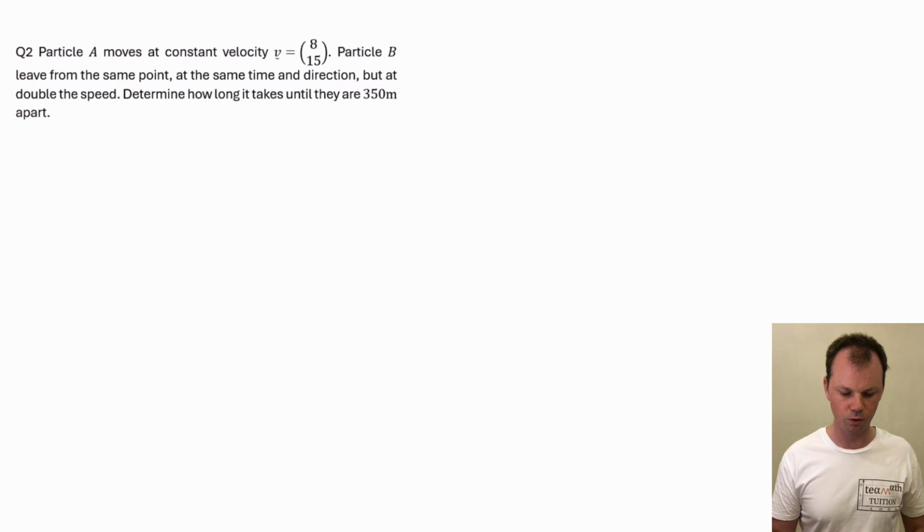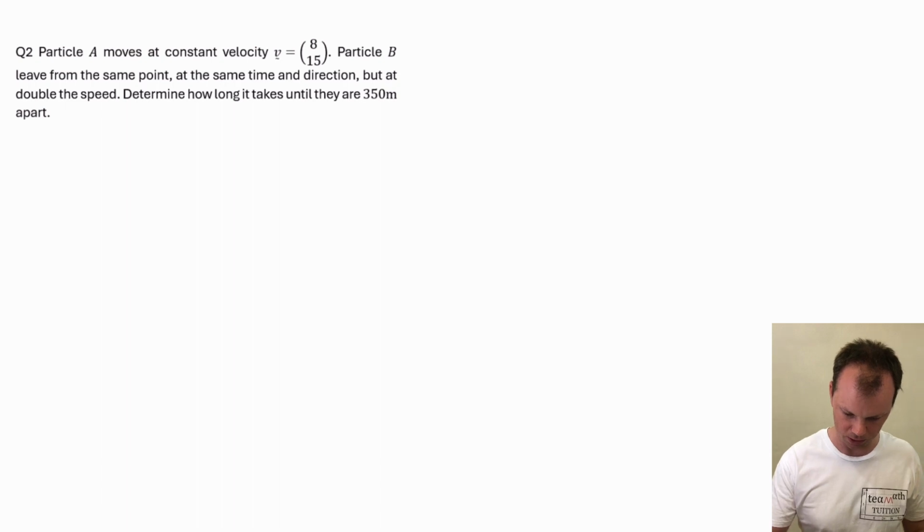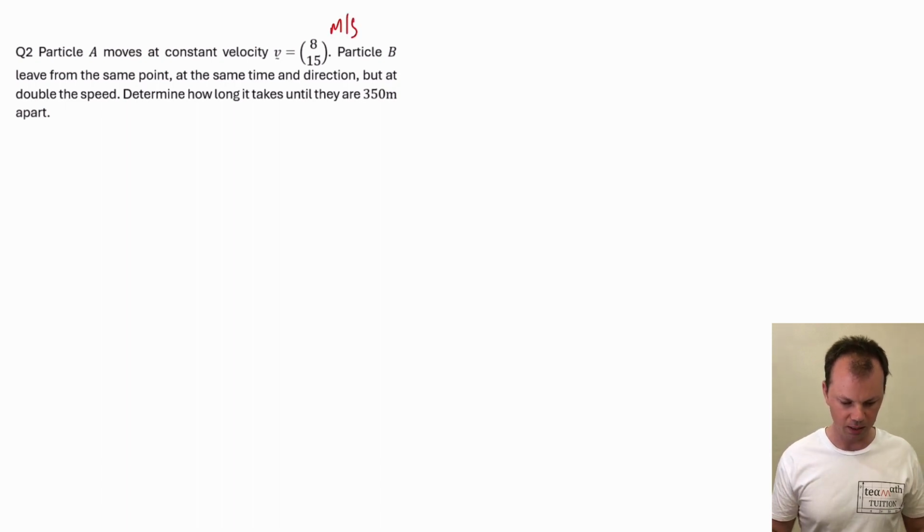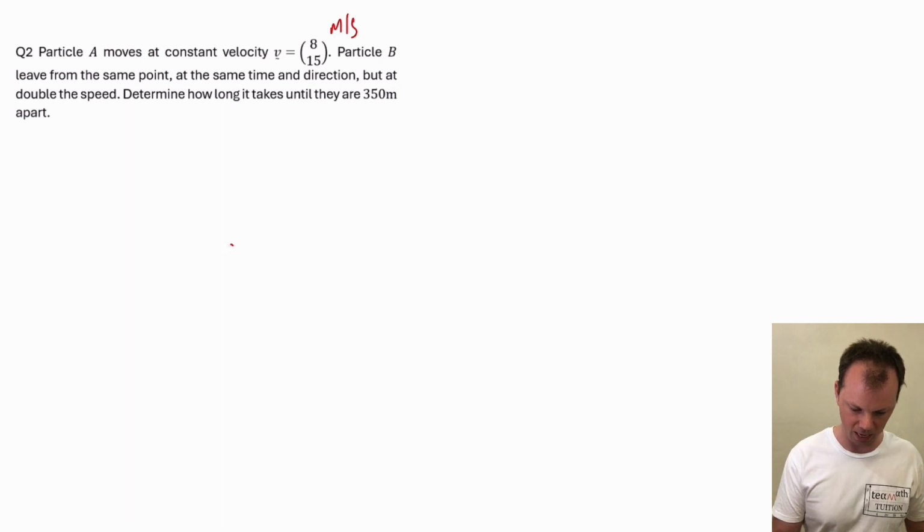Okay, question 2. Particle A moves at constant velocity 8i + 15j. That should be meters per second. Particle B leaves from the same point at the same time and direction, but at double the speed. So we've got A, it's going off at 8i + 15j meters per second.